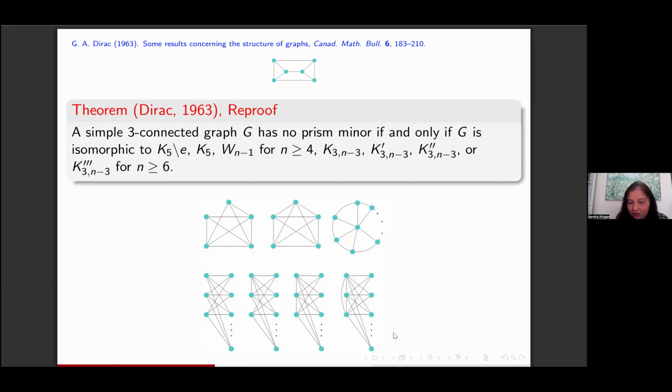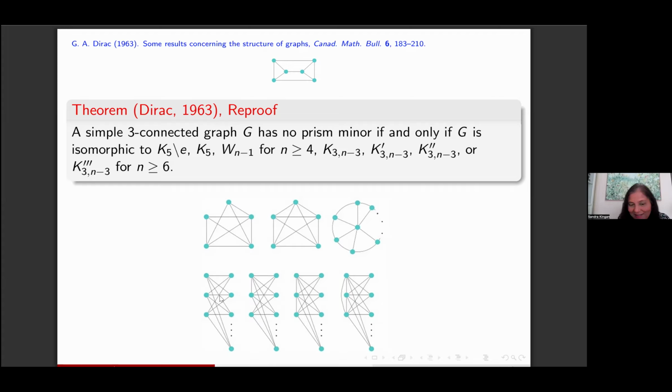And in excluded minor results, we are looking for monarchs, right? We want to say what's in the entire class, not just the minimally three connected graphs in the class. But in all of these results, it turns out that this one is more important. I called it seeds in a matroid paper, but I don't think that's a good name. I think monarch is a good name for this.